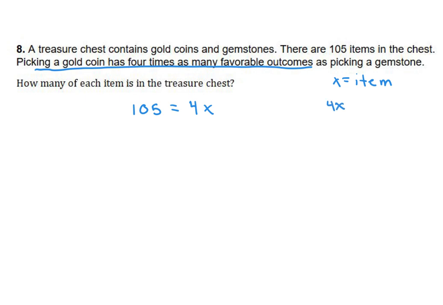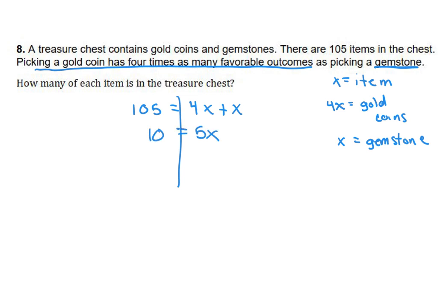4X specifically represents the gold coins. And then a gemstone would be represented by just X. So now we can solve this through combining like terms. 4x plus x is 5x. 5x equals 105. Dividing both sides by 5 gives us x equals 21.